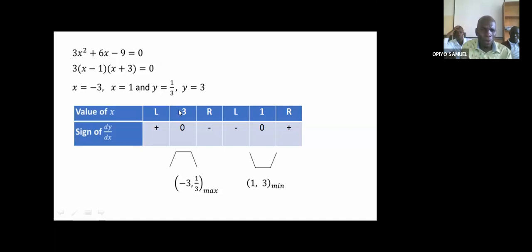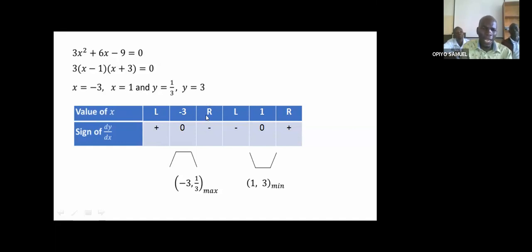And when you look at the first point, that is x = -3, when we substitute any value left of -3, say -4, we shall find that this expression will give us a positive number. We are only interested in the sign, so we need to put positive.